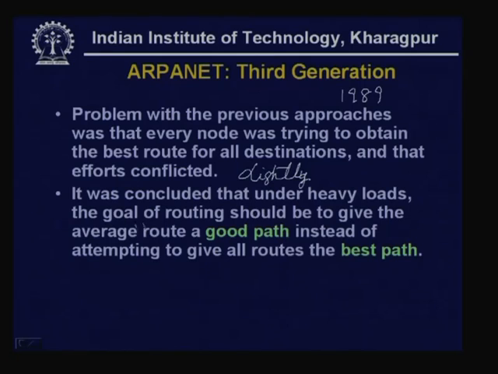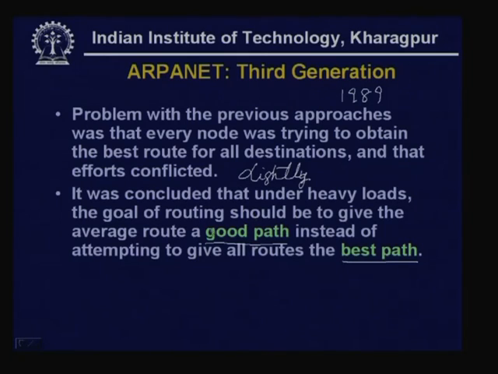So, the goal of routing should be to give the average route a good path instead of attempting to give all routes the best path. So, instead of using the best path, a good path was computed.